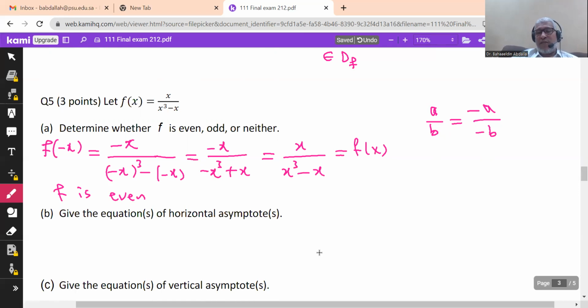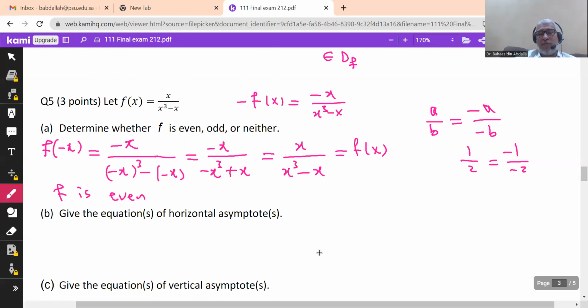So please pay attention. Half equals to -1 over -2. You can multiply the numerator by -1, the denominator by -1 without any problem, okay? So f of negative x equals f of x here. Notice that negative f of x here is negative x over x cubed minus x.